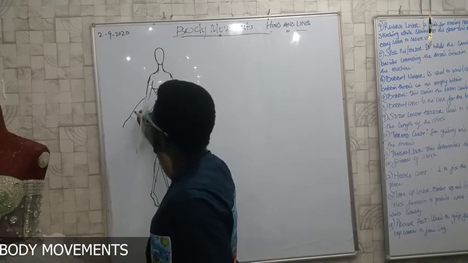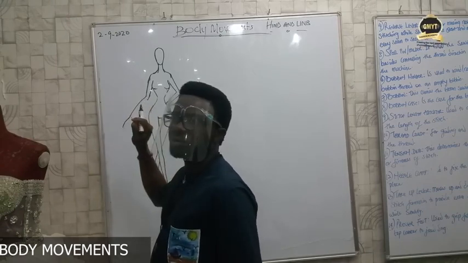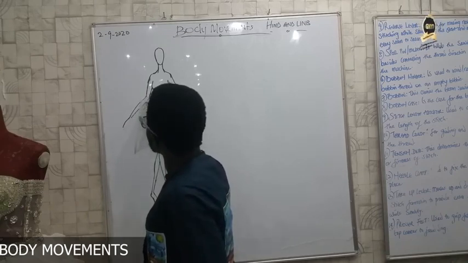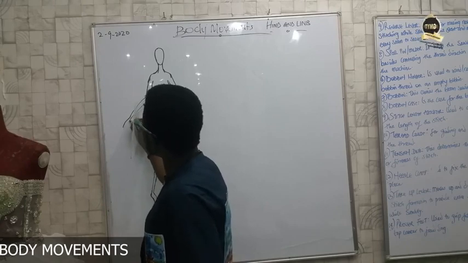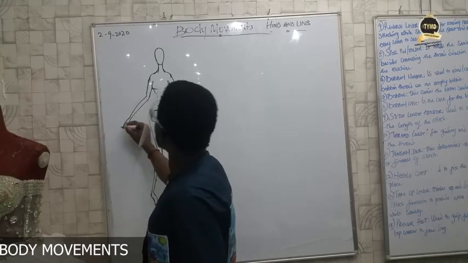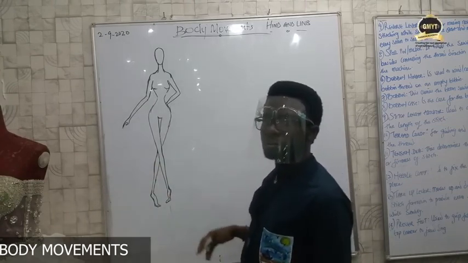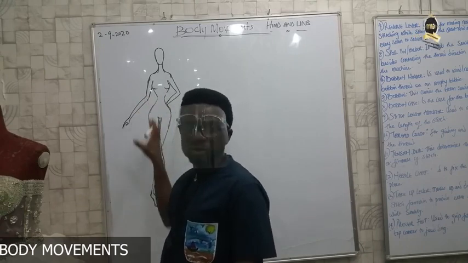I'll narrow the wrist because the wrist and the elbow can't be of the same weight. Now here we have the movement. You can see the hand is moving, the leg is moving.